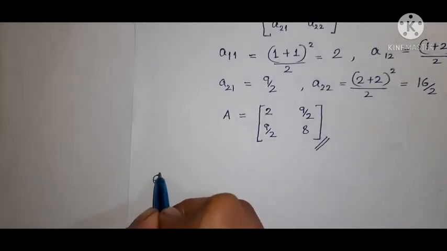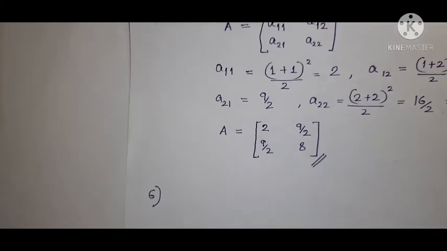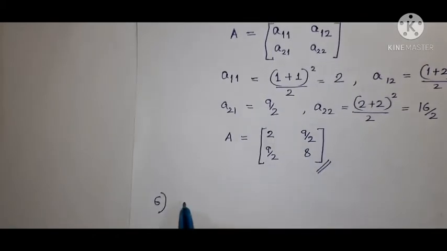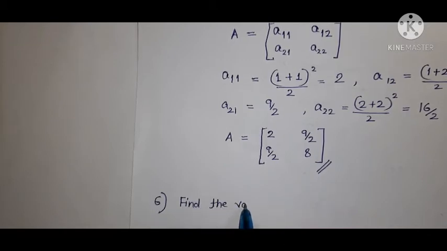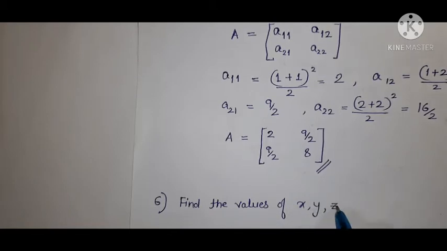Next, question number 6. Here we have to find the values of x, y, z. You are given that a matrix equals y, z, 1, 5. You have to find the values of x, y, z.